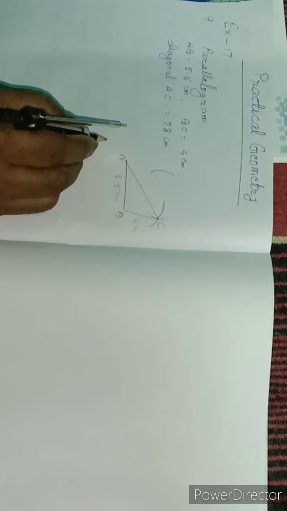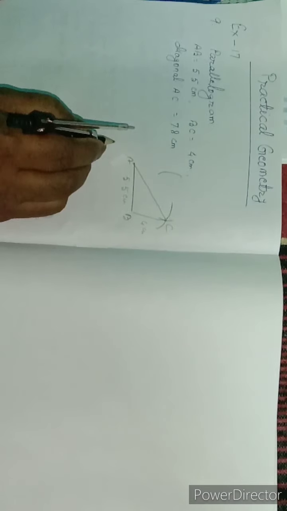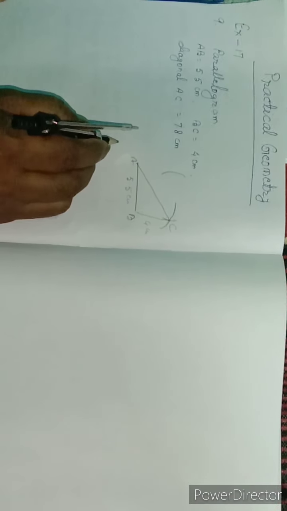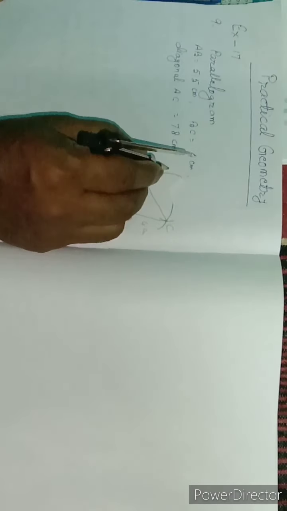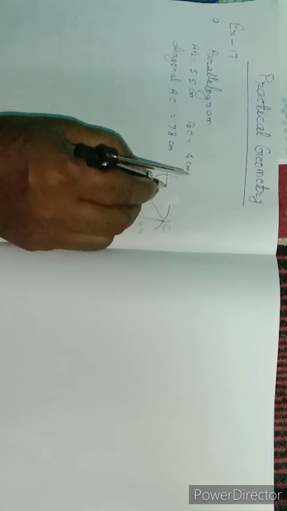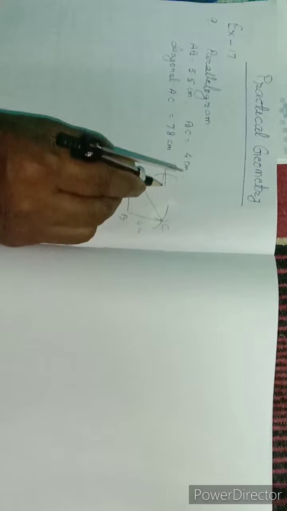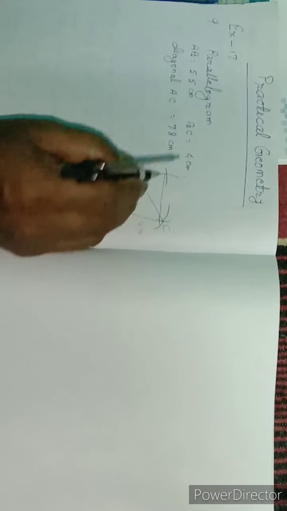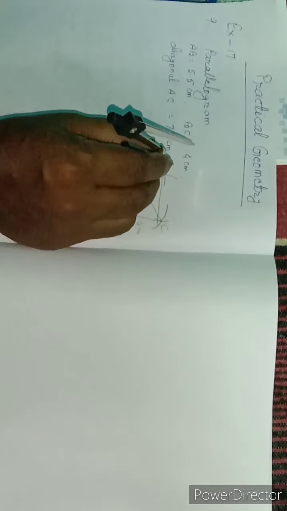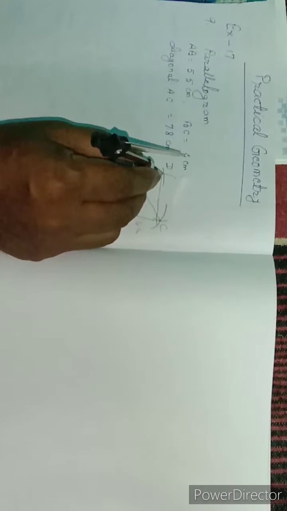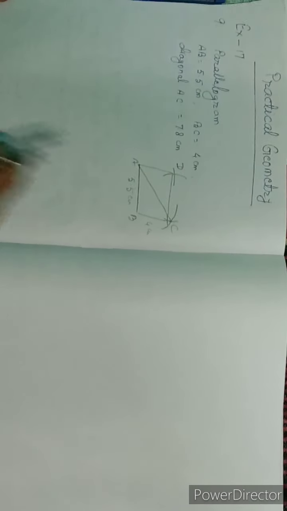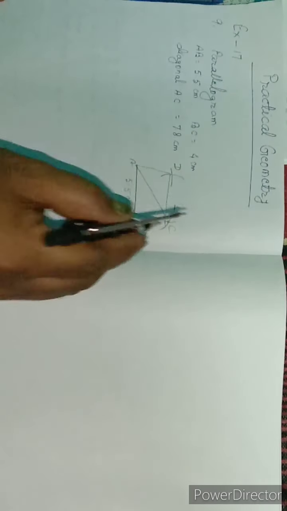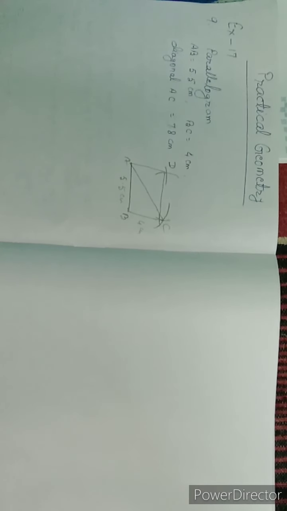So we measure 4 centimeter as the radius on the scale by our compasses, and we use A as the center and we cross this arc. This point of intersection became D. We join CD and AD. ABCD is the required parallelogram.